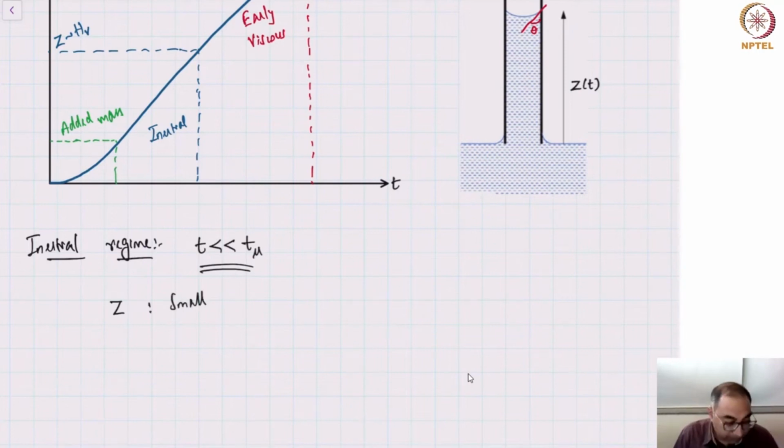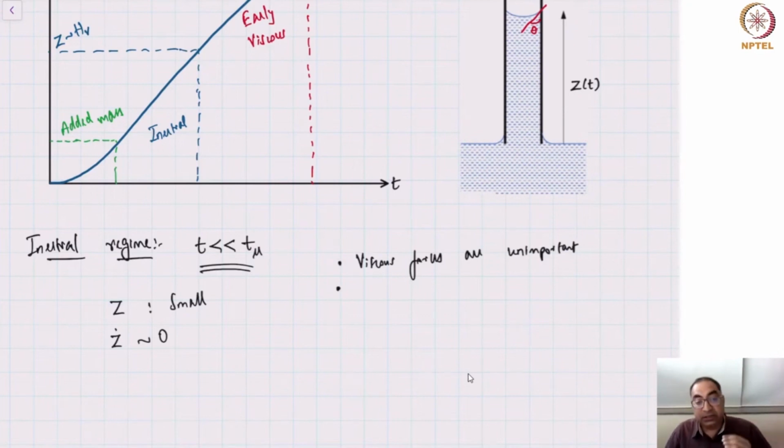When you are in the inertial regime, z is small. We also have z dot is also small. z dot is very close to 0, and z is also very close to 0, right? And viscous terms themselves are not important. Viscous forces are unimportant, and the fluid has not really risen much in the column, and therefore gravity is also unimportant.